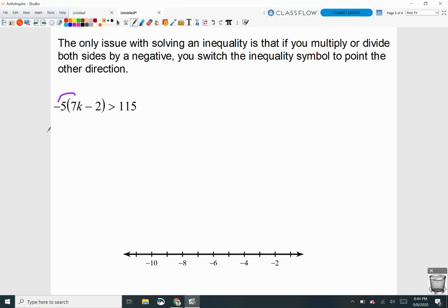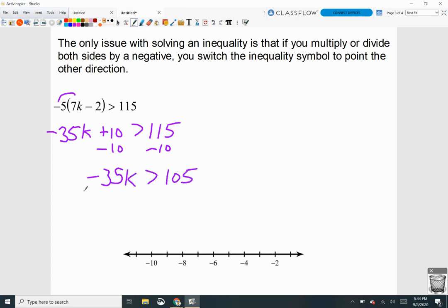So when I distribute, just like you would if you were solving an equation, subtract your 10, just like you would if you were solving an equation. Divide by negative 35, just like you would if you were solving an equation.